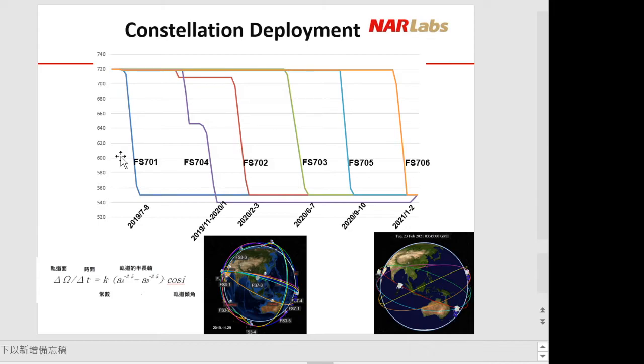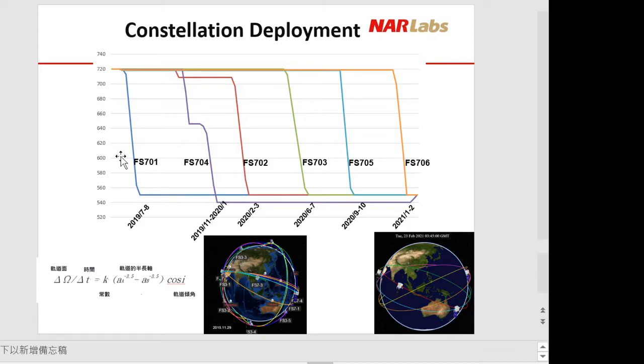From the middle of this slide, you can see the constellation is a real constellation in November of 2019. You can see only one orbital plane has been separated from the others, which you can see is FS701.